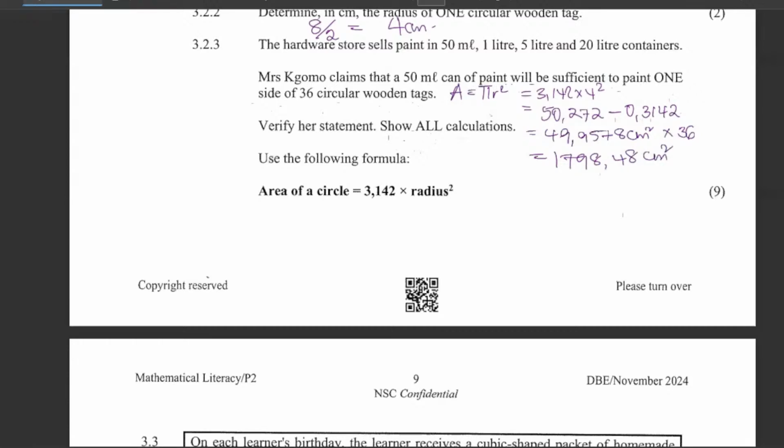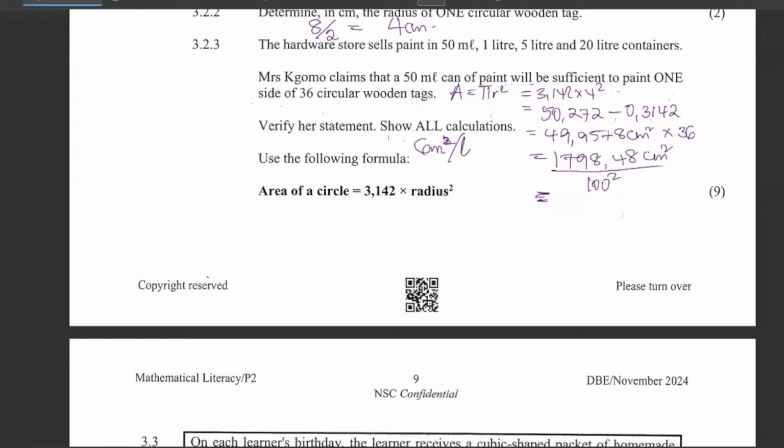We want them to become meters squared because we are using the spread factor that tells us if you only have 6 meters squared, you use 1 liter. So we need to divide this by 100 squared, because I'm changing centimeters to meters.